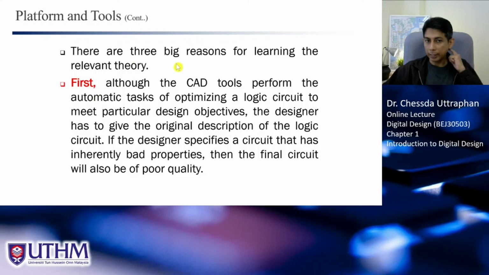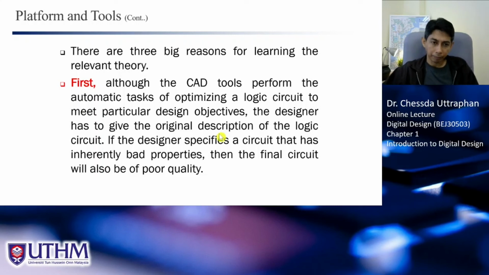There are three big reasons for learning the relevant theory. First, although the CAD tool performs the automatic task most of the time of optimizing the logic circuit, for example, you just give the computer the equation, and most of the expensive modern tools can do the optimization, meaning to minimize the circuit for you, give you less power, and so on and so forth.